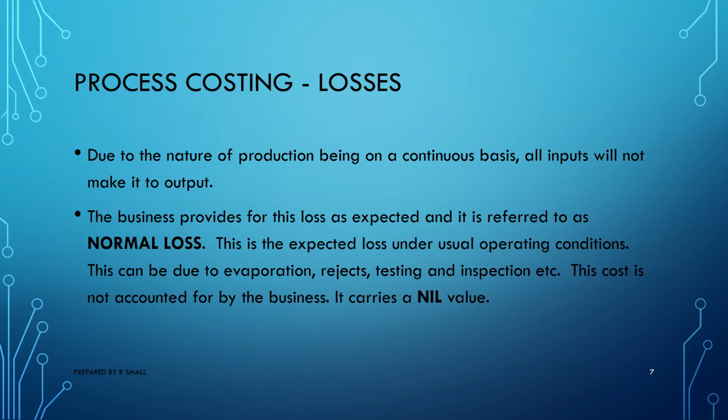So what happens is that the business usually provides for this loss as expected, and it is referred to as a normal loss, because the business is expecting that if they're using heat to process the product, you may lose some of the raw material through evaporation. So the business expects that to happen, and that type of loss is known as a normal loss.